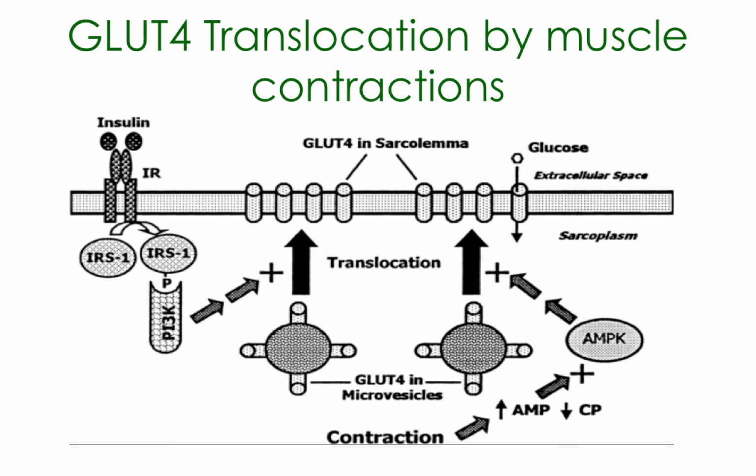But to add to that, pretty cool to me, is the fact that not only can insulin do this, but also AMPK, adenosine monophosphate kinase. This is the molecular process by which it is transduced. We have the translocation of GLUT4 to the membrane for glucose uptake as a result of muscle contractions.